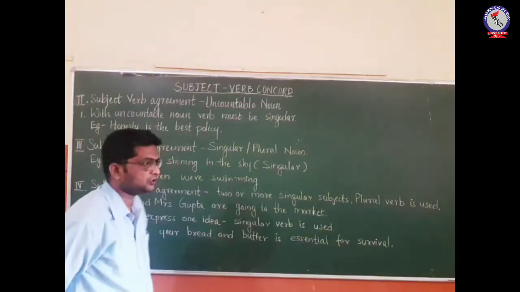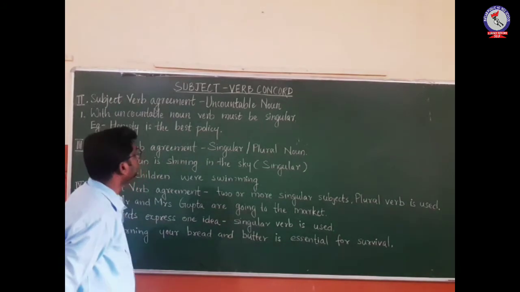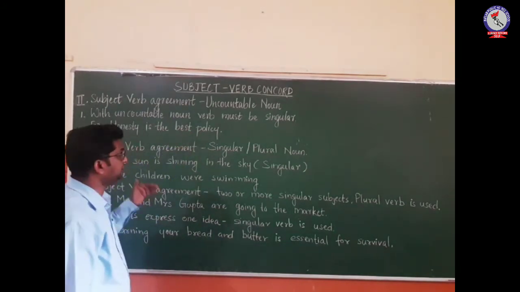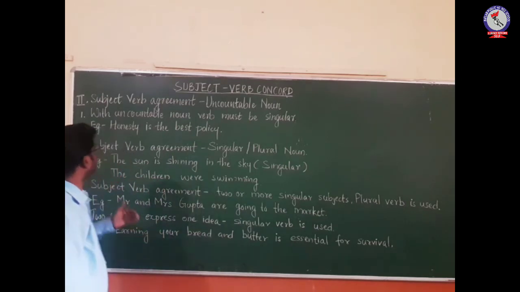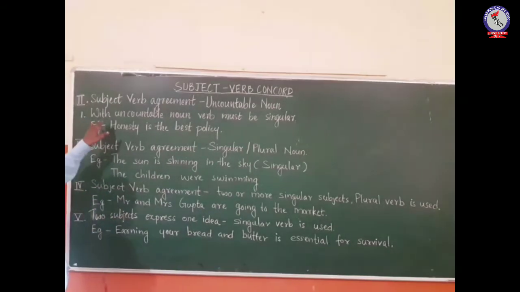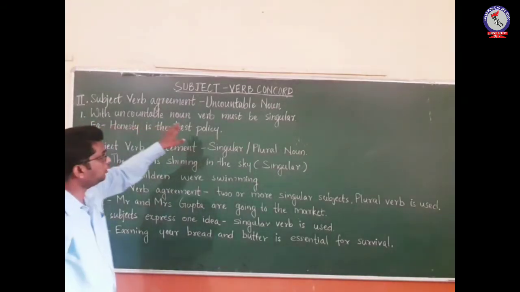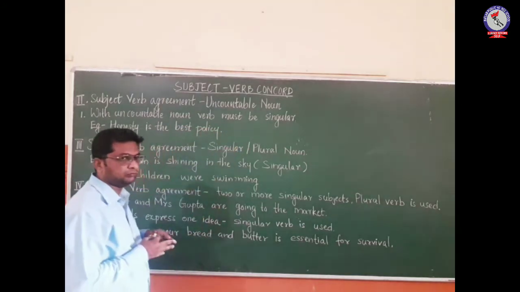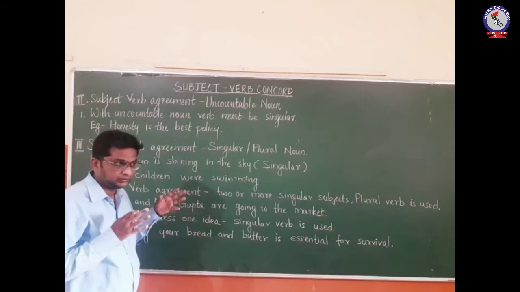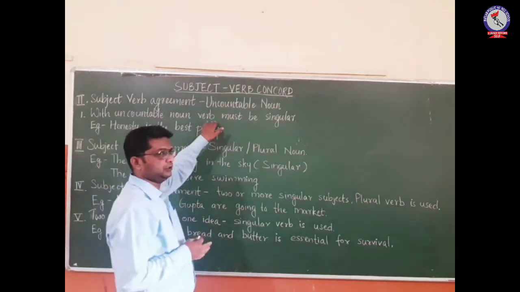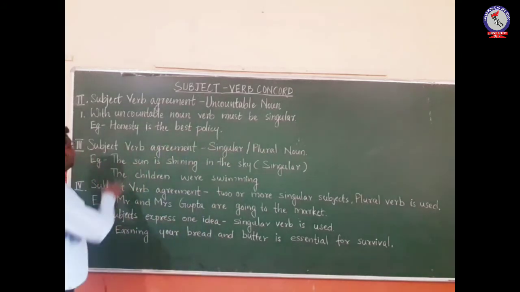We will see the subject-verb agreement with uncountable nouns. When an uncountable noun is the subject, how will the verb agree? With an uncountable noun, the verb must be singular. With an uncountable noun, which cannot be counted, we will use a singular verb. See the example.